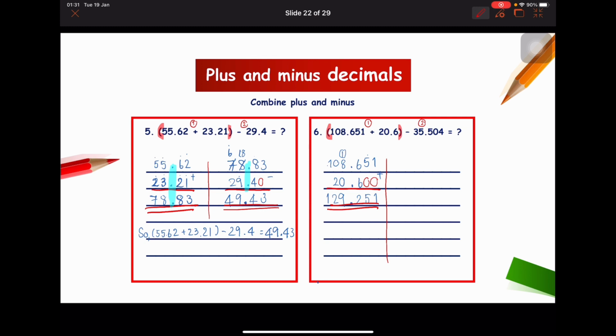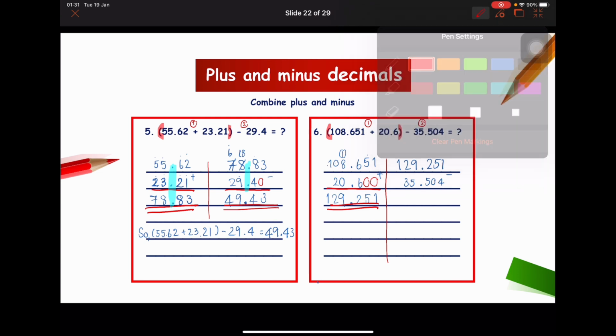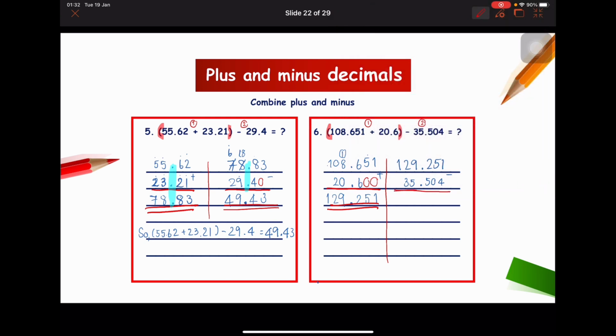Okay, next step. The last one for today. Write the answer from the parentheses. Minus with 35.504. 504. Underline. I don't have a ruler. I'm sorry. I'm so sorry. 1.